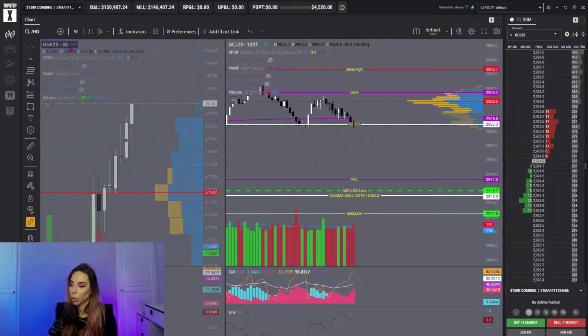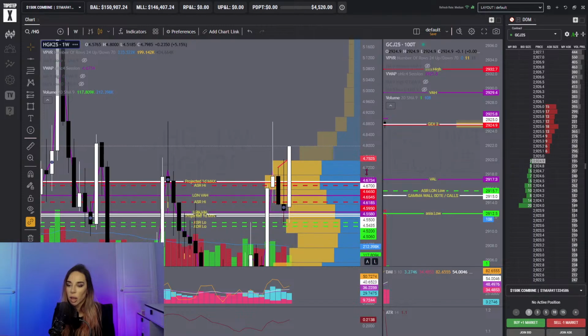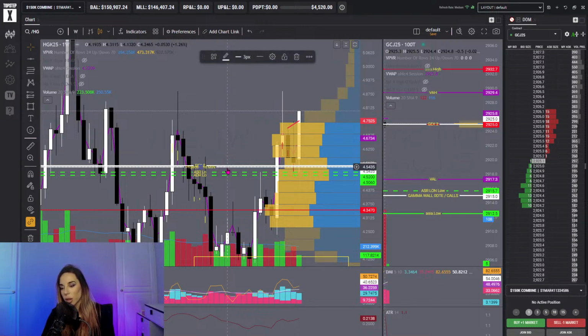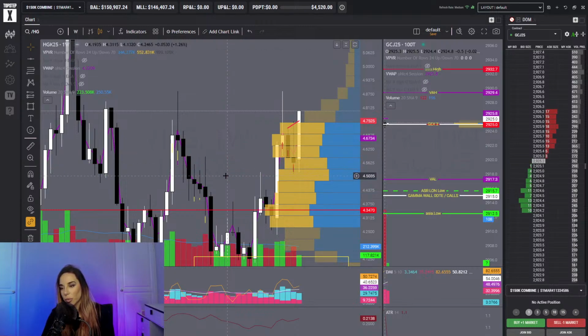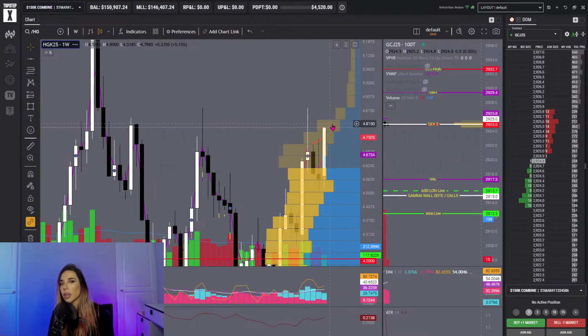So let's go through the quick analysis here. If we look at how many times the supply was tested, this is all from yesterday, so let me clean it up. If we look at the supply from previous weeks, it's been tested many times. 1, 2, 3. This is a 4th test, and they're just ignoring it.